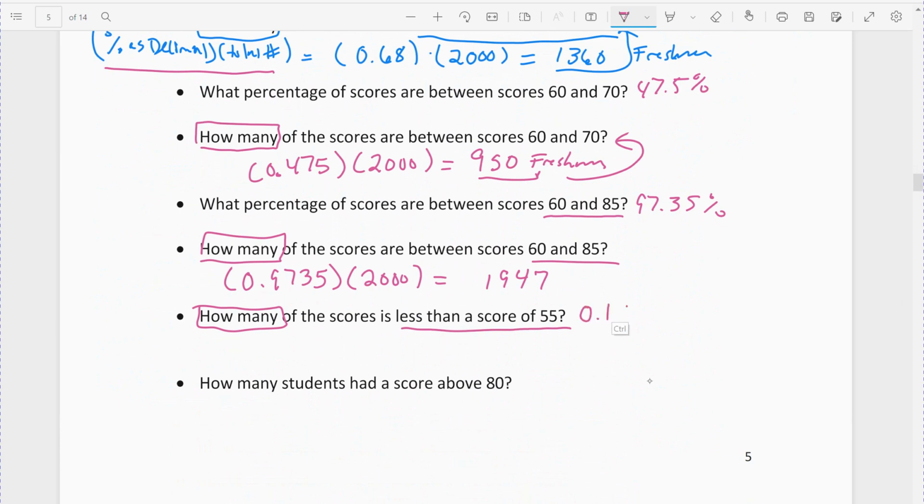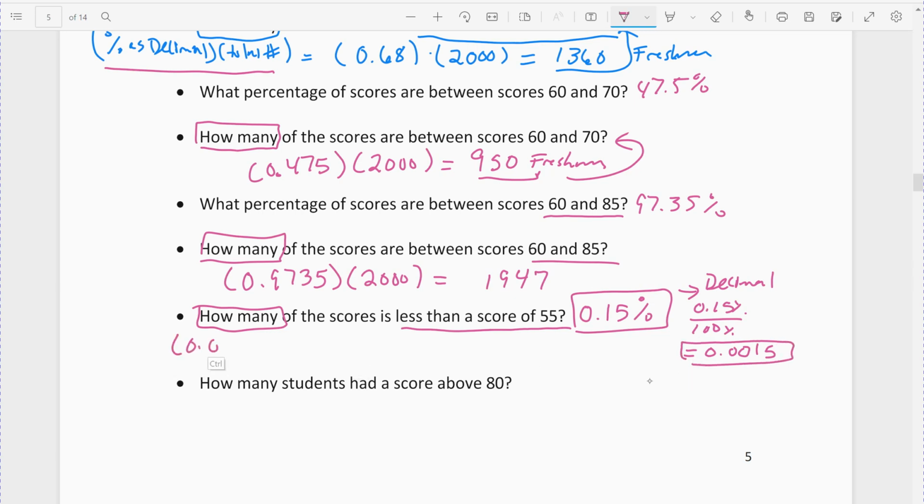0.15% is the percentage. When you convert that to a decimal, you take the 0.15% divided by 100%, and it comes out to be 0.0015. That's what you multiply by. 0.0015 times our 2,000 comes out to be 3 freshmen.